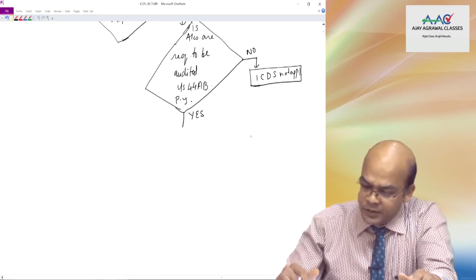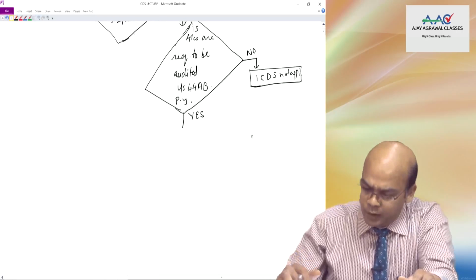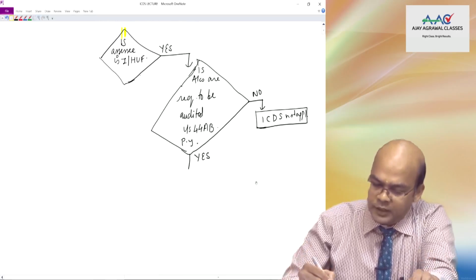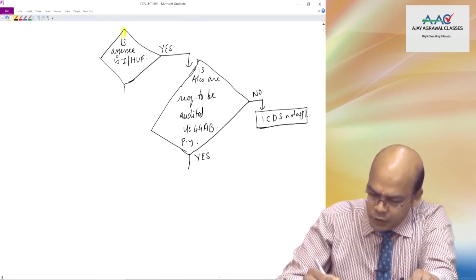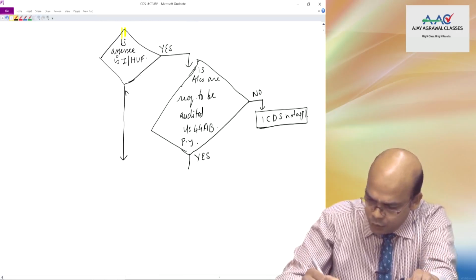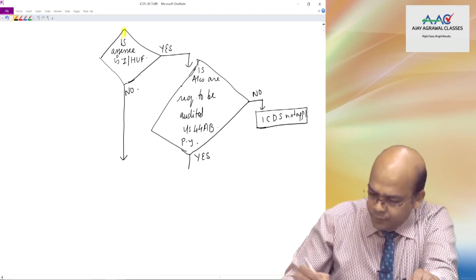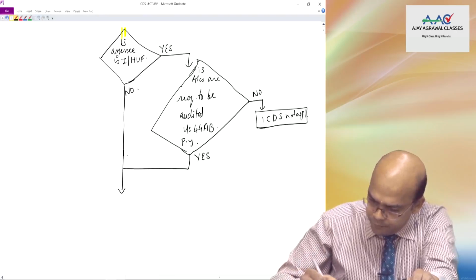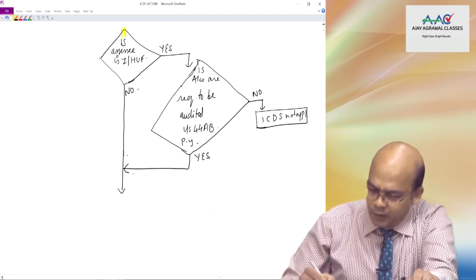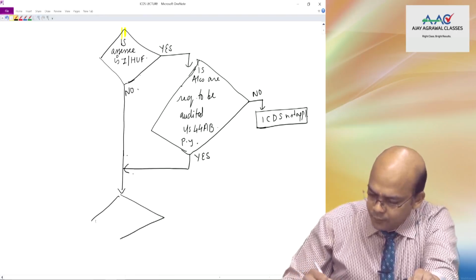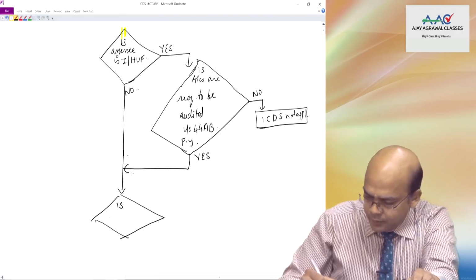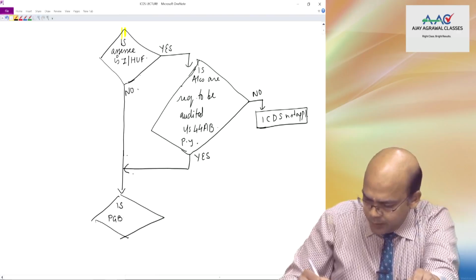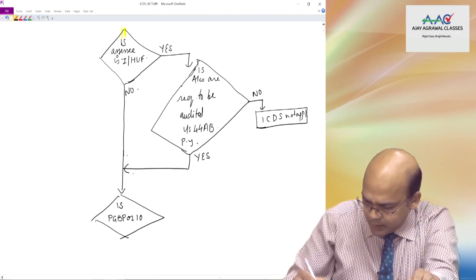But if the answer is yes, books are required to be audited, we will check further. If the assessee is an individual or HUF and the answer is no, then you will move ahead. And what will you ask now? Is the income under the head PGBP or IOS?